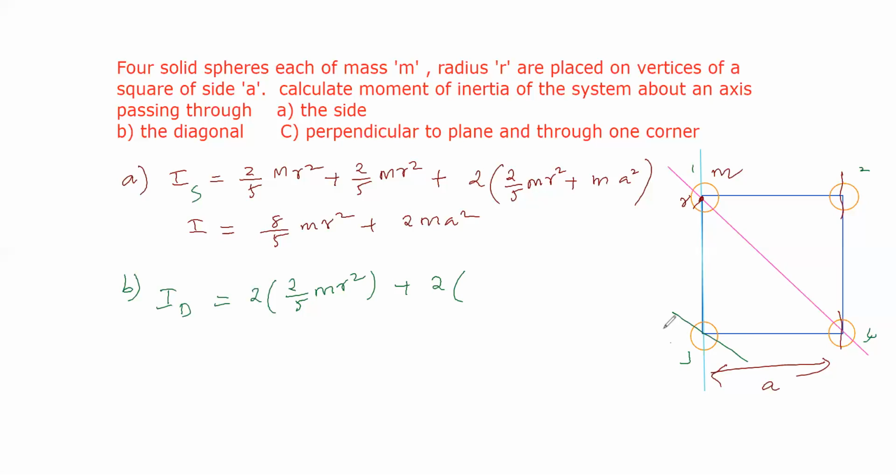So for this sphere the moment of inertia about the center of mass is 2/5 mr², plus mass times the square of the distance.